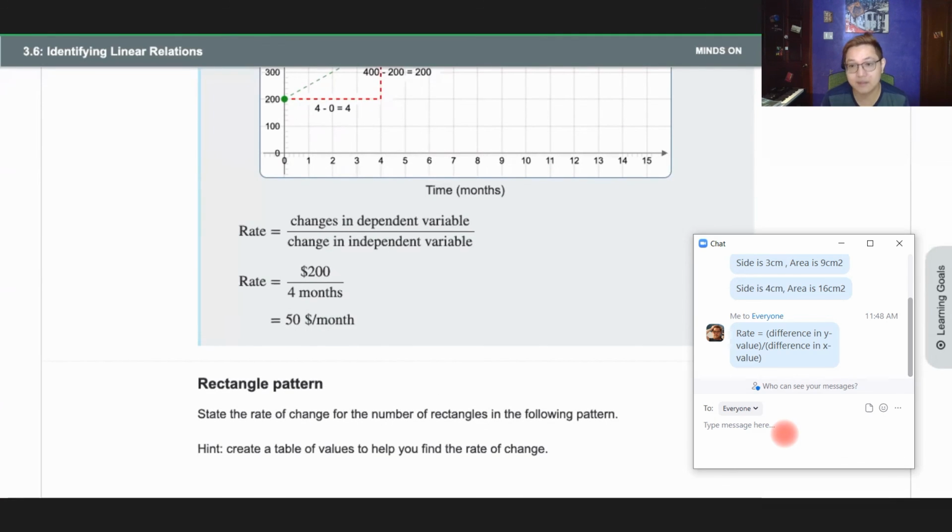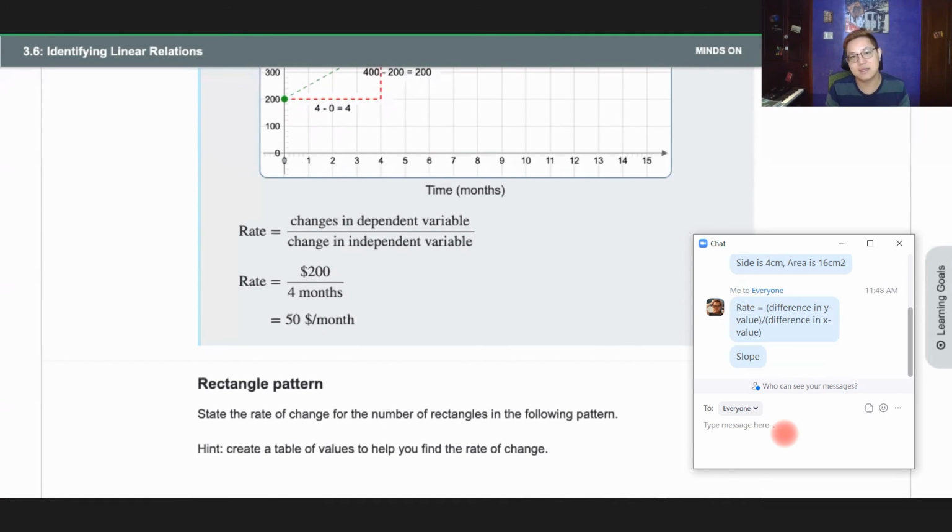It also tells you something called the slope of the graph. You know how steep the graph is. Is it going down or going up? How steep it is? It's called the slope of the graph. It's the same thing. So rate and slope are determined in the same way: difference in y value divided by difference in x value. Yeah, I understand.